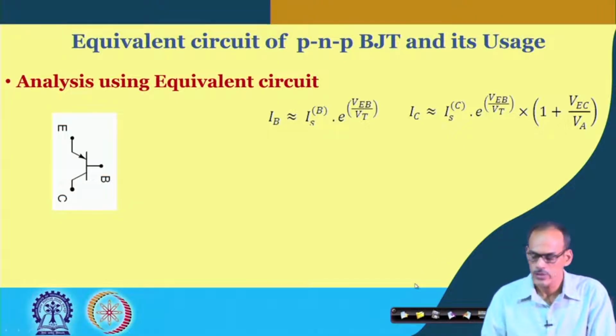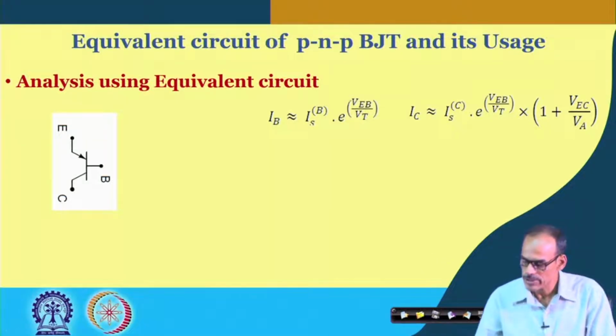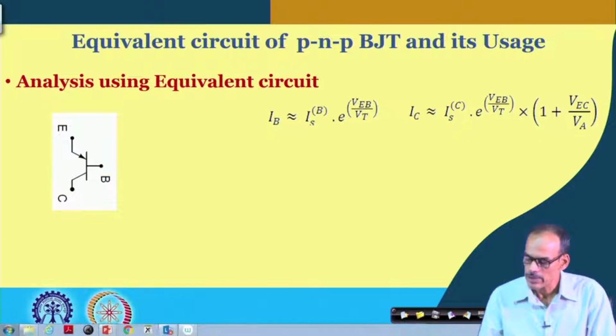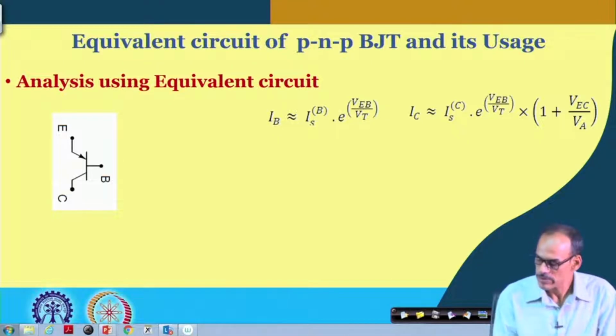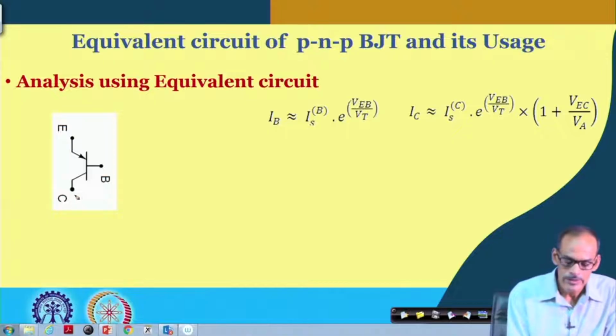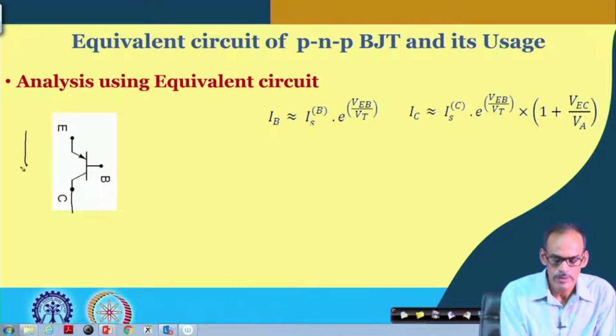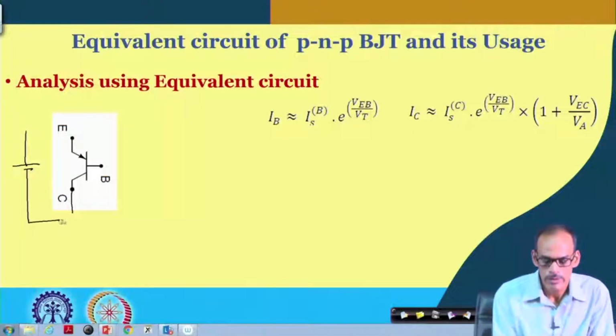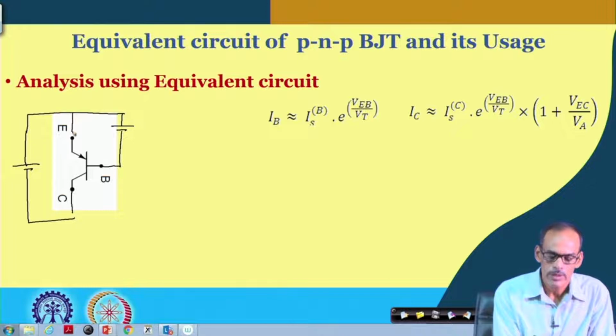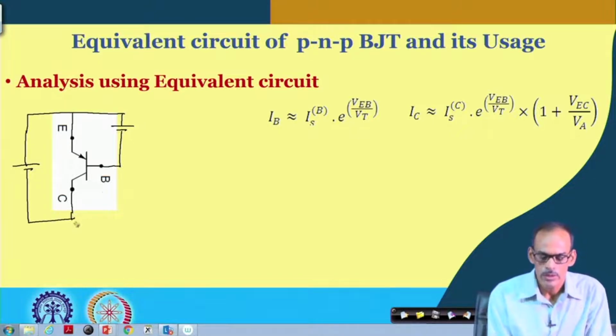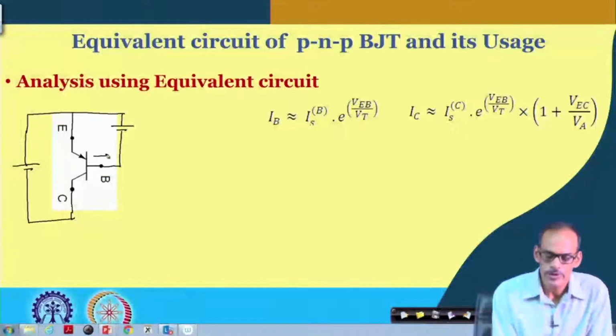We can use the same equations, and we may have some bias here and some bias here, and suppose we are asked to find the corresponding current here and current here.